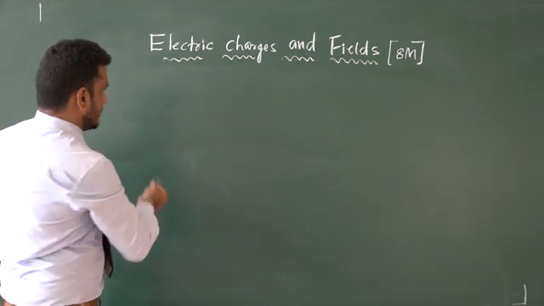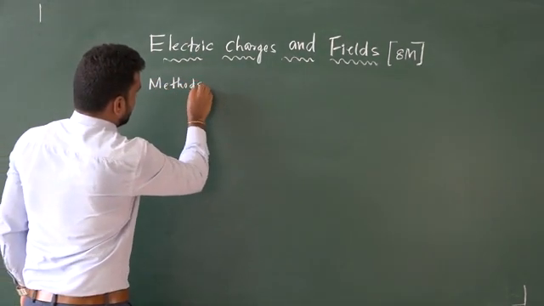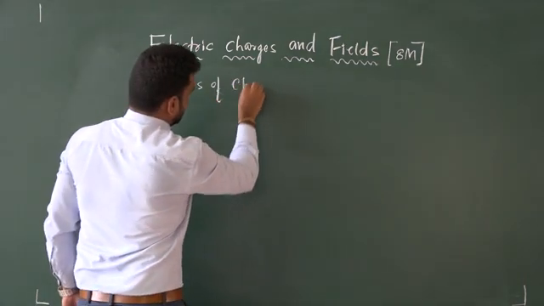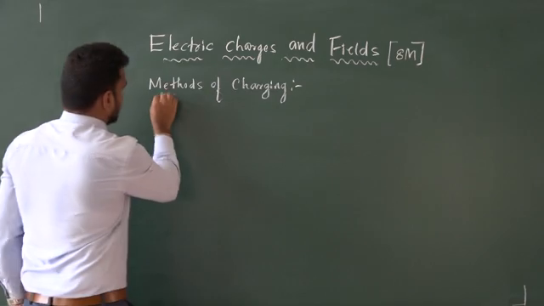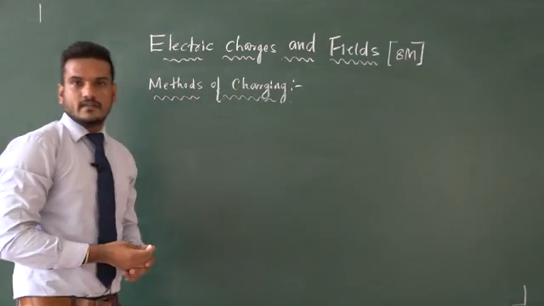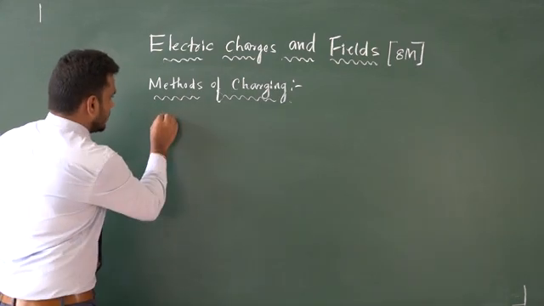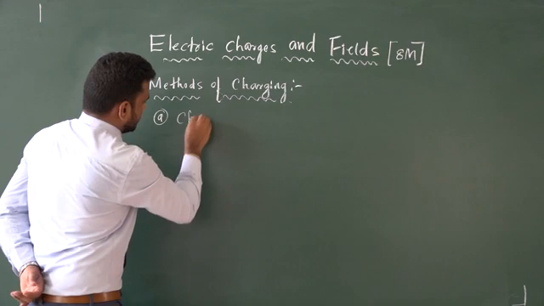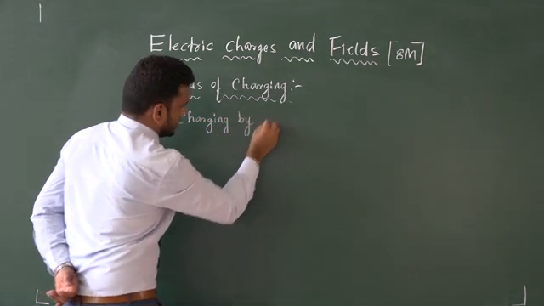Now the next concept is methods of charging a body. There are 3 major methods to charge a body. The first is charging by friction.